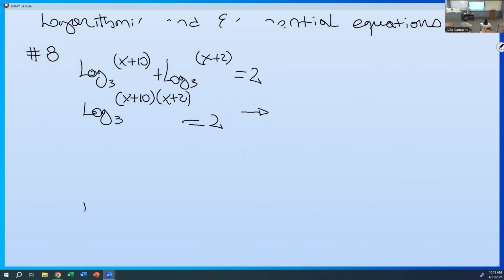What do you do with this logarithmic equation? It'd be 3 to the second power is equal to x plus 10 times x plus 2.